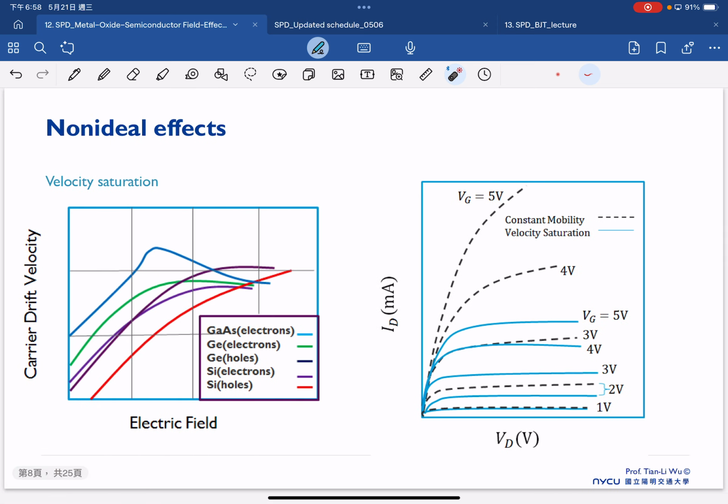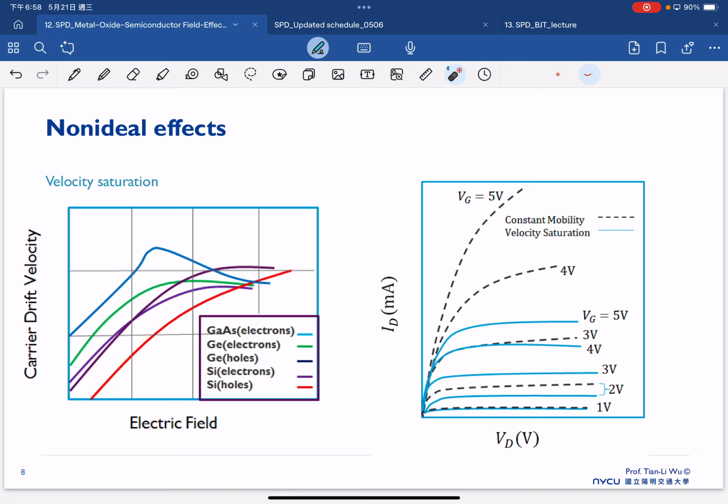Here is the comparison of different materials: gallium arsenide, germanium, and silicon, showing drift velocity versus electric field. Under low bias, it's mainly linearly dependent.